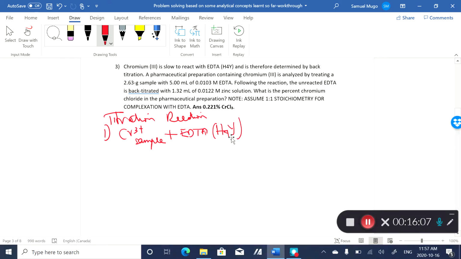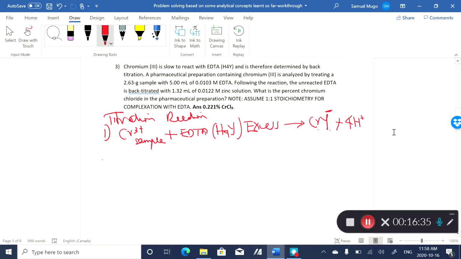Okay, and you can see that it is in excess, so we add this in excess, and the product would be the CrY-, a complex of EDTA and chromium. It's a complexometric equilibrium, and the acid is sort of a spectator there.